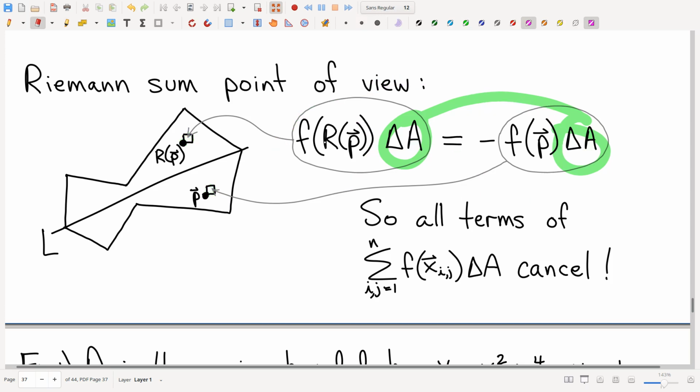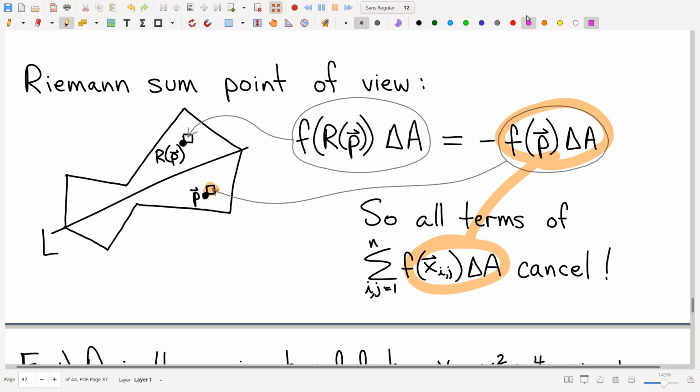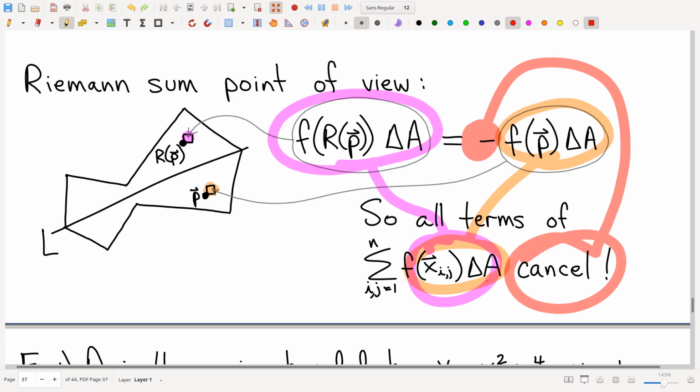And with that noted, keep in mind that this term is a term in my Riemann sum, and this is a different term in my Riemann sum. And this minus sign means that they cancel.